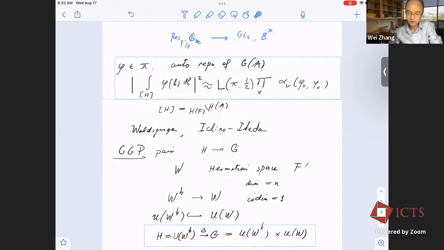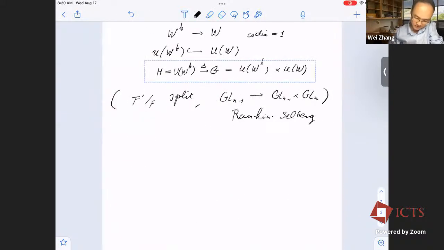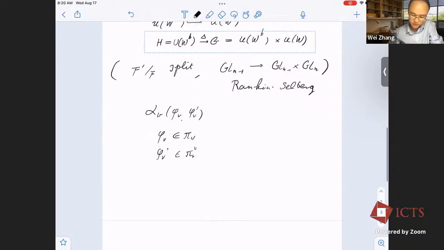It's some integration. In this case, this local factor alpha_v really can take two different vectors, one in pi_v and one in pi_v prime, the contragredient, so the dual representation.